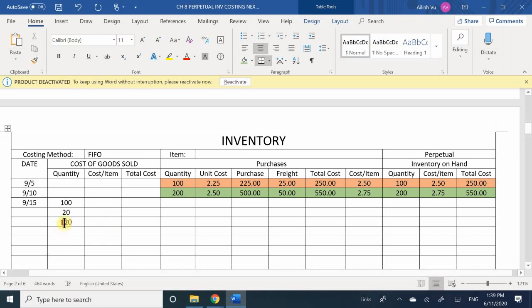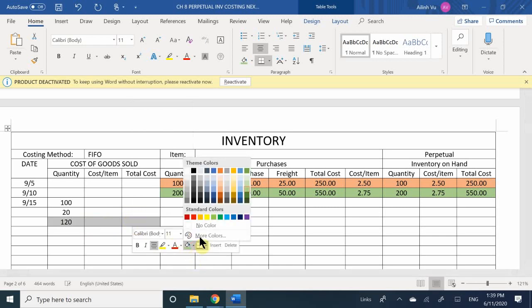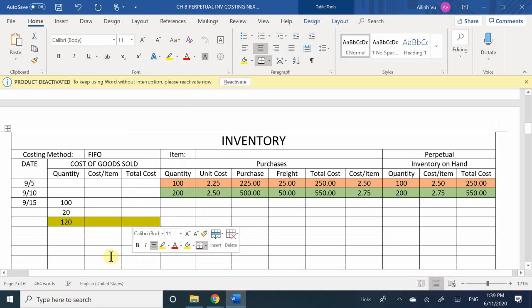So here my calculation is I need to take batch 1 and I need to dip also in batch 2. How much was our first batch? 250.